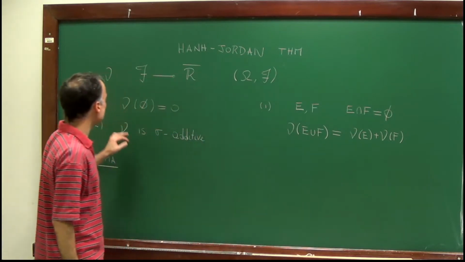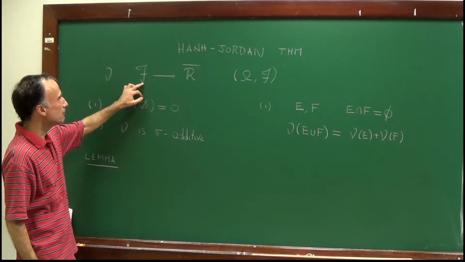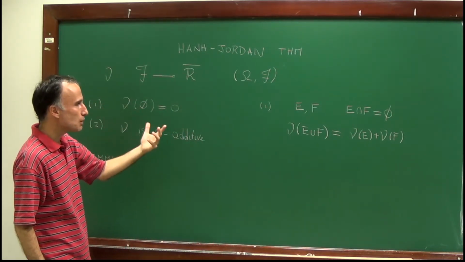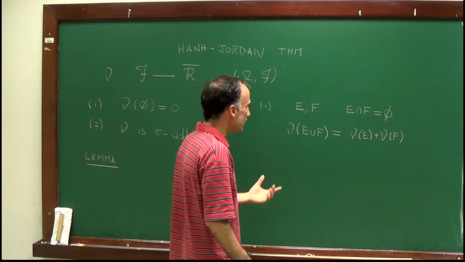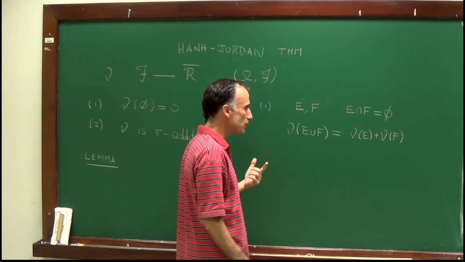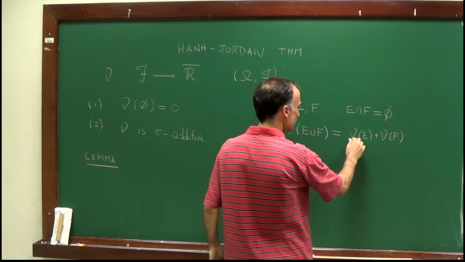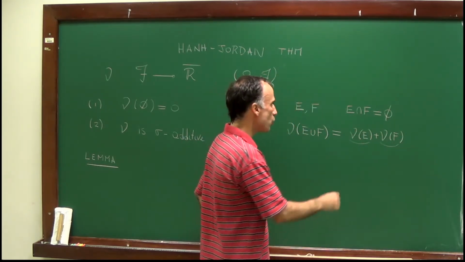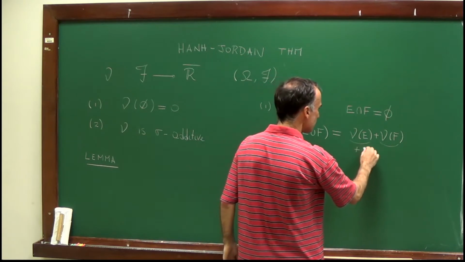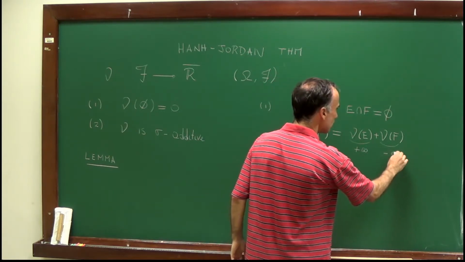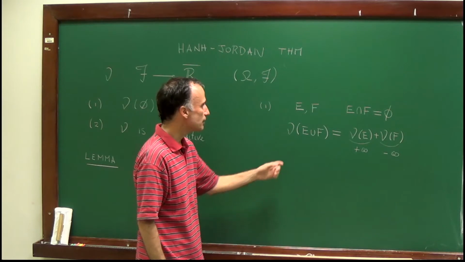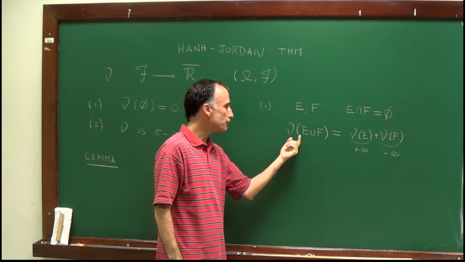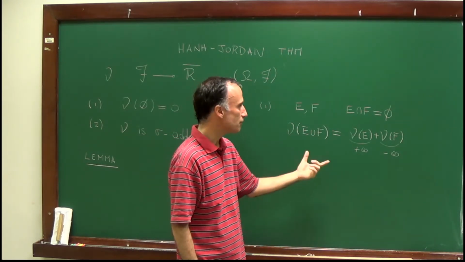So when I'm saying that nu is defined on this sigma algebra, it means that it's well defined. And since it's well defined, this means that it's not possible to have two disjoint sets, one of them taking the value plus infinity and the other one taking the value minus infinity, because in that case the measure of E union F would not be defined, right?